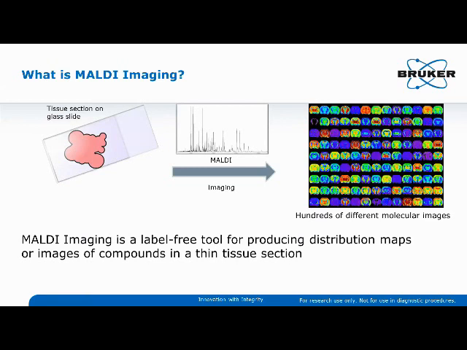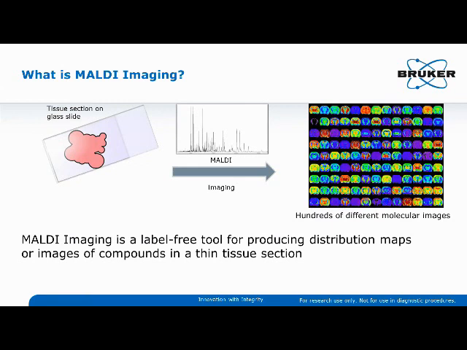We do some processing, and we'll discuss that in the next slides. But we do some processing, and we collect MALDI mass spectra from various locations on the surface in such a way that any compound that we detect, we can map the intensity of that compound as a function of its location on the sample.